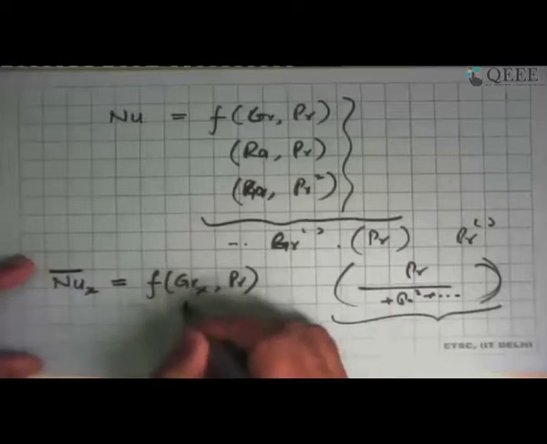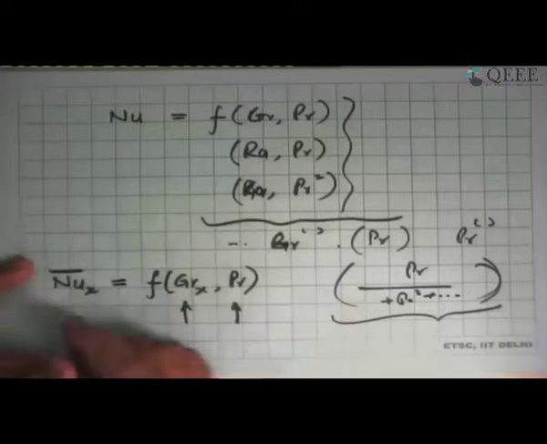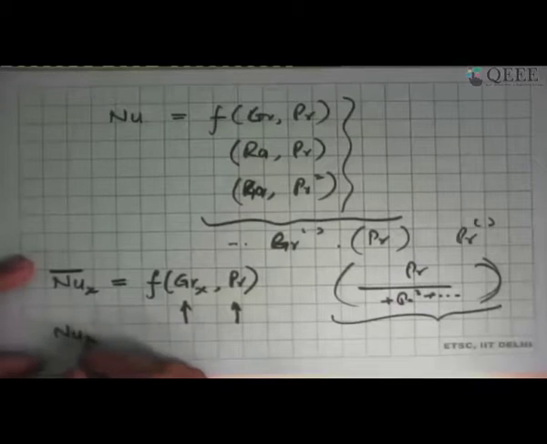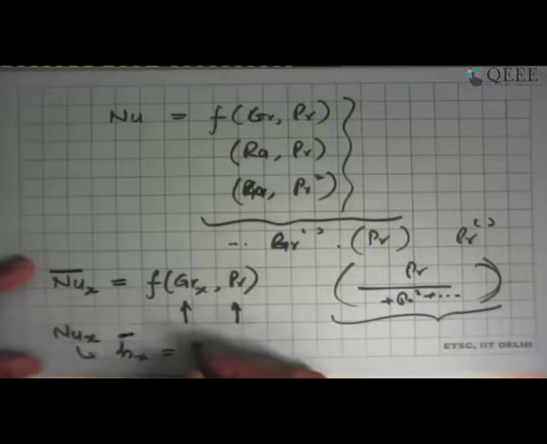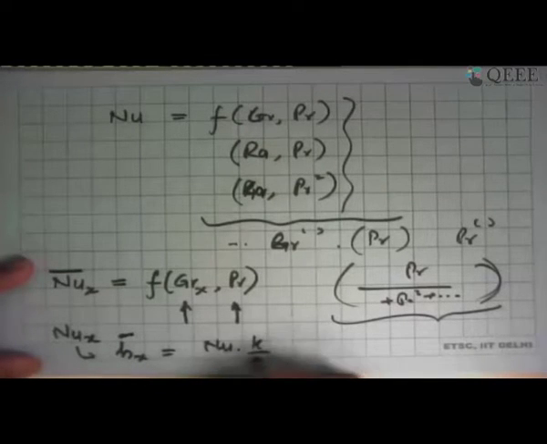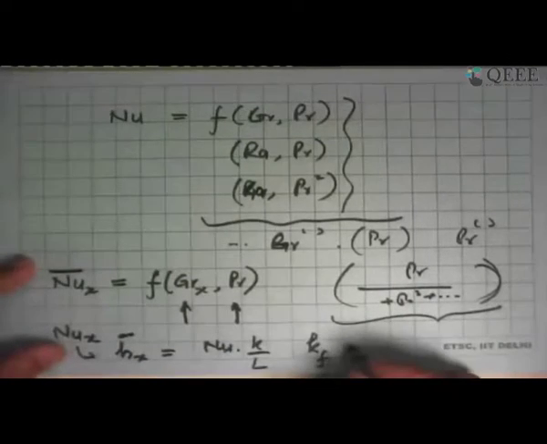With all the data that you need, you calculate Gr_x, you calculate Pr, use that formula, you get Nu_x, and from there h at x is equal to, from the definition, Nusselt number into k by L. K, remember, is the conductivity of the fluid.